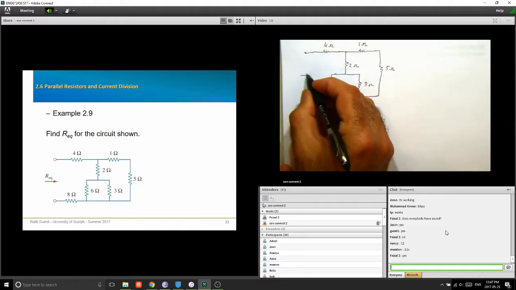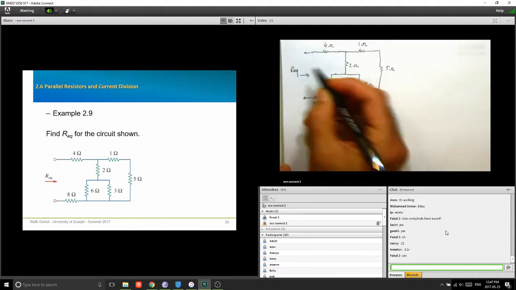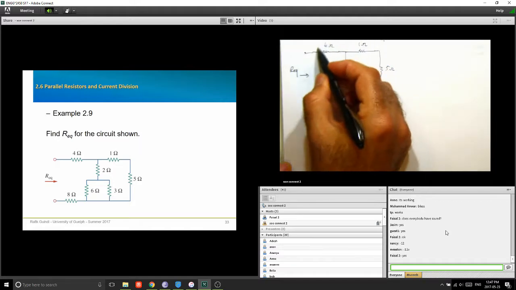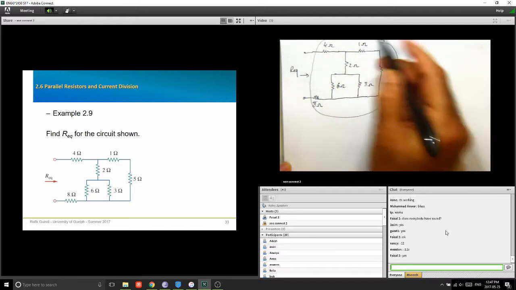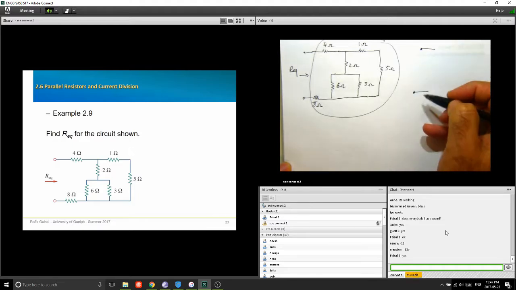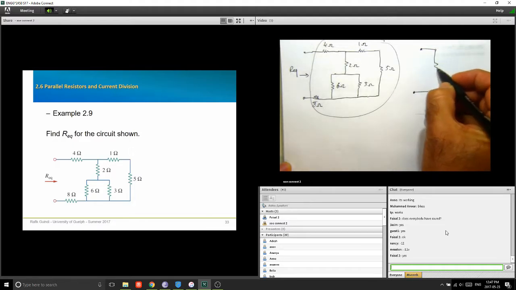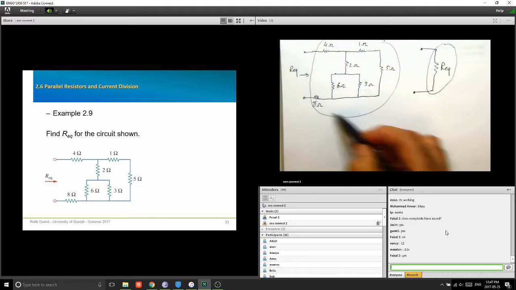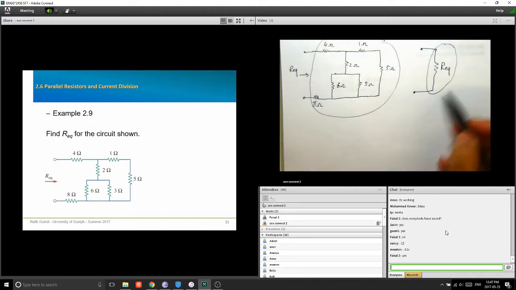Now we want to find the equivalent resistance that I see from here, which means I want to reduce all of that between those same two terminals. I want to know how much that would be. So all of this network has to be kind of equivalent to that.